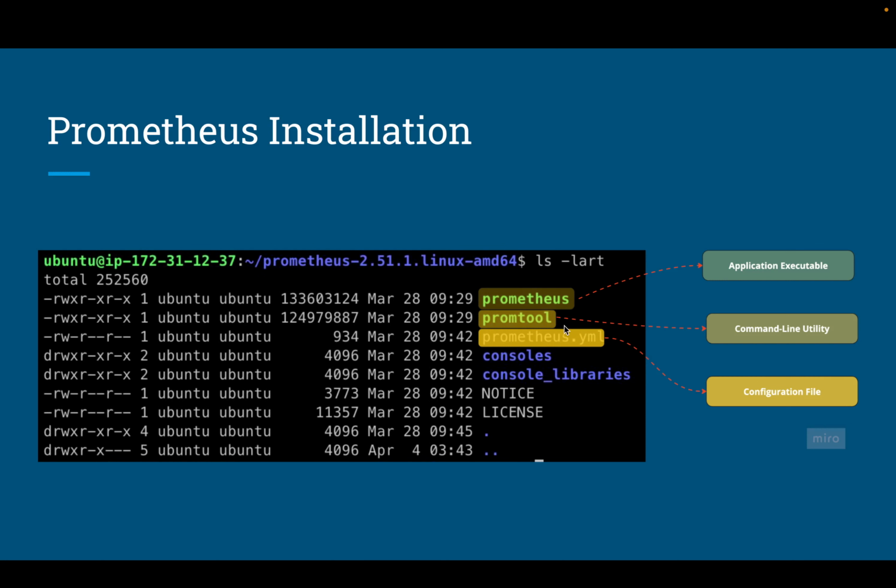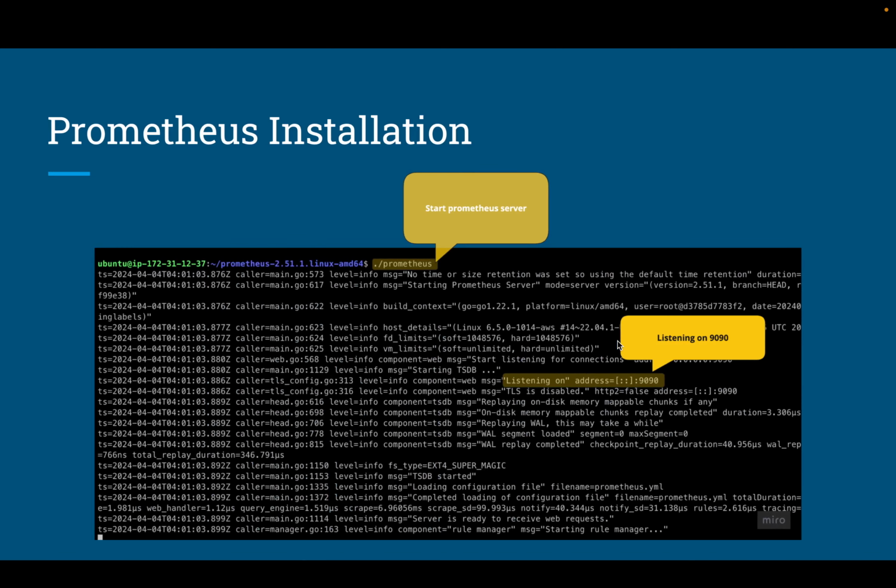And this is promtool. Promtool helps us validate the configuration file of Prometheus, that is prometheus.yml. We'll keep all the configuration in prometheus.yml, and in order to start the server, we just need to run the executable using ./prometheus.